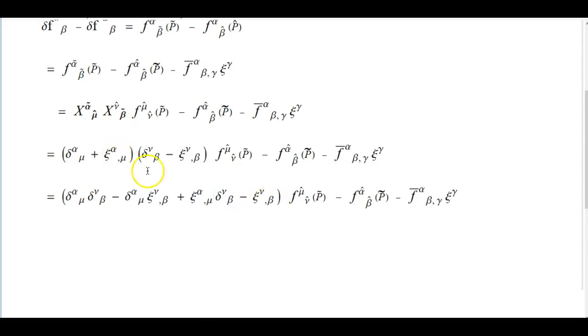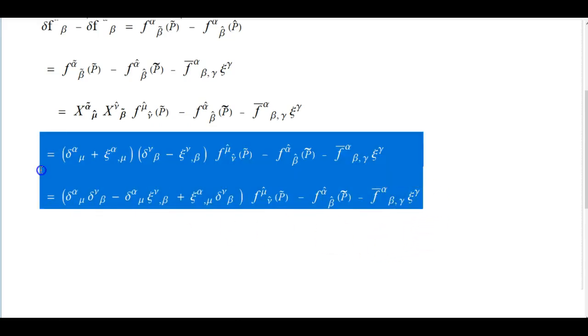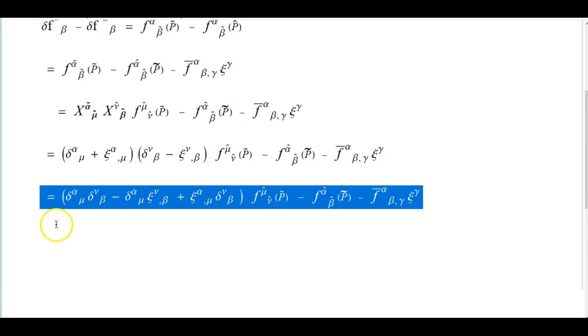And xi alpha mu with xi nu beta is second order, and this can be dropped. This is the small change of xi alpha with respect to mu, the small change of xi nu with respect to beta, and we have seen this in the previous exercise also, that this is second order and this can be dropped. So these are the first order terms that we need, and now we can further simplify this equation.